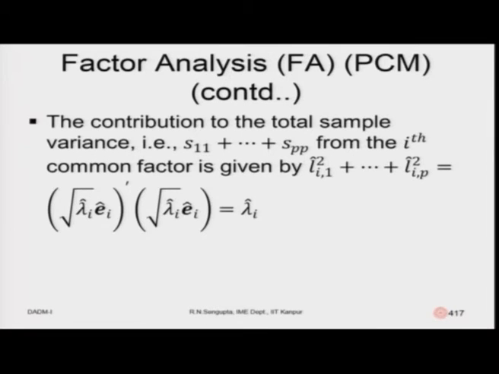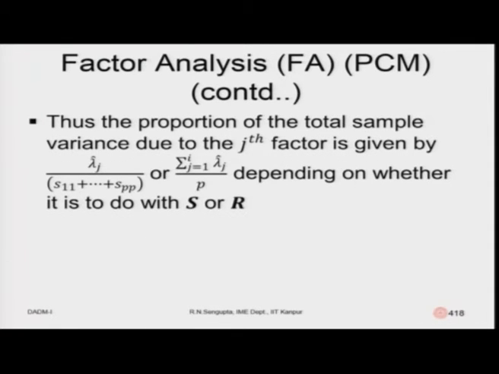So, p is in the suffix and the squares are on the l's. So, technically they should be equal to the values of lambda 1 plus lambda 2 plus lambda 3 multiplied by the square root of them multiplied by their eigenvectors, and that should be equal to the lambda i. So, obviously, they are the estimated values.